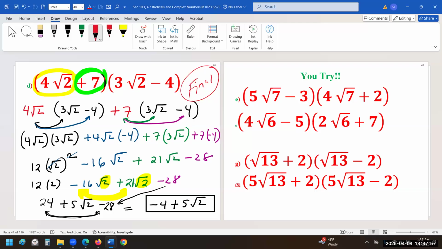This is still the square. So combining them will give you... I got it. How many square roots?